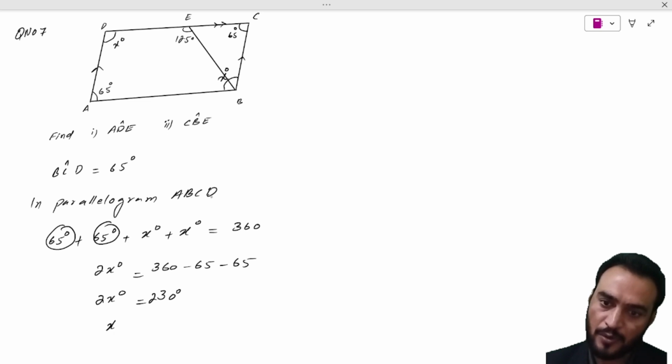Dividing it by 2, we get the value of x degrees, that is equal to 230 divided by 2, which is equal to 115 degrees.